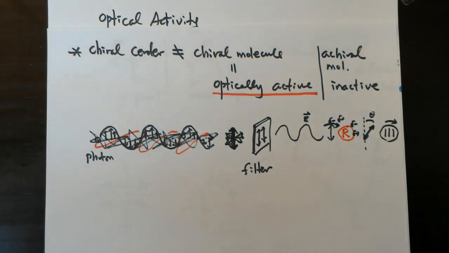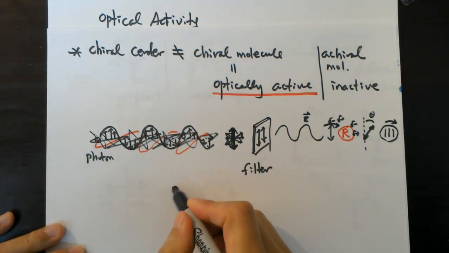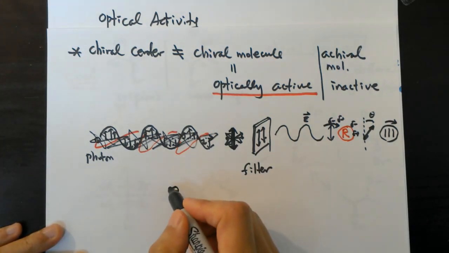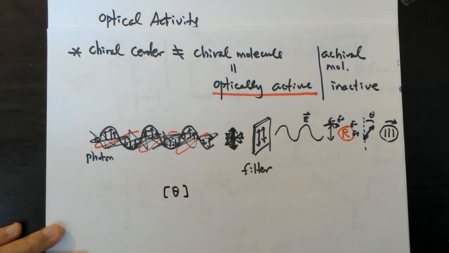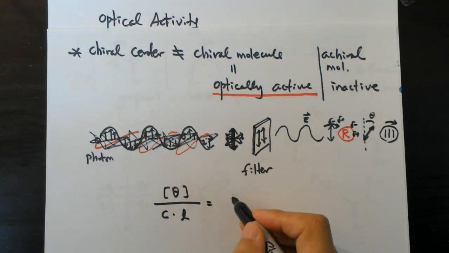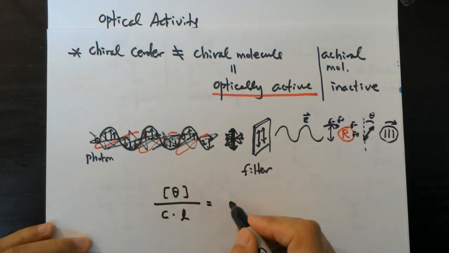And that angle is a function of temperature and other conditions, but if you divide that by the concentration of the sample and the length of the sample cell, just like UV, you get the specific rotation value.